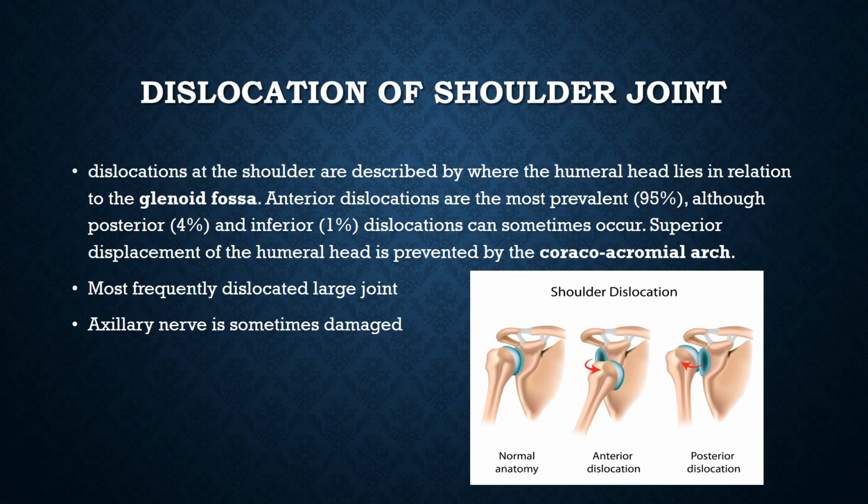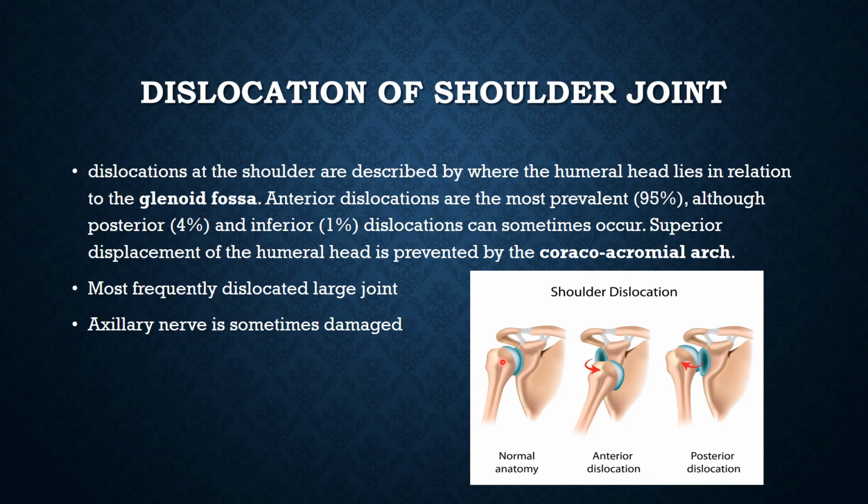Dislocation of the shoulder joint, right? So basically what is happening here is that the head of the humerus is much larger than the glenoid cavity of the scapula, right? So the size of the head of the humerus is much larger in comparison to the size of the glenoid cavity. So there is dislocation of the shoulder joint, right?